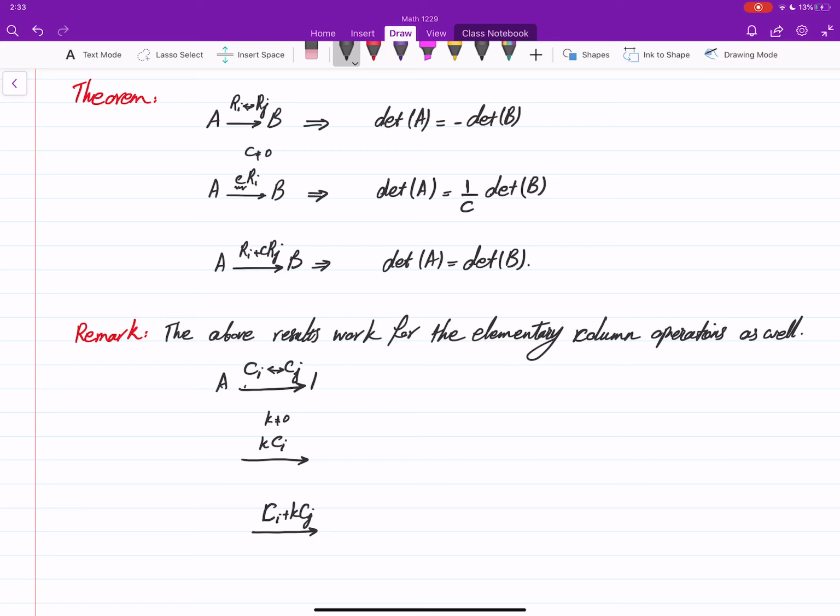If you go from A to B by these operations, these are called elementary column operations.